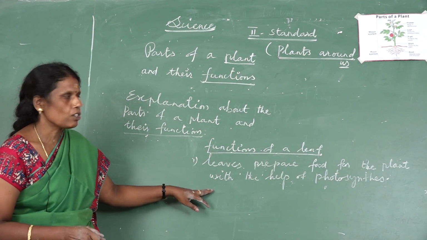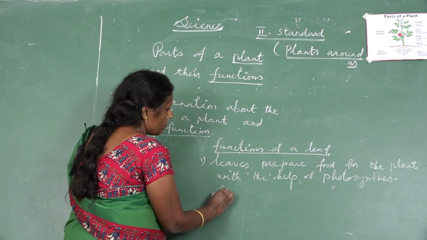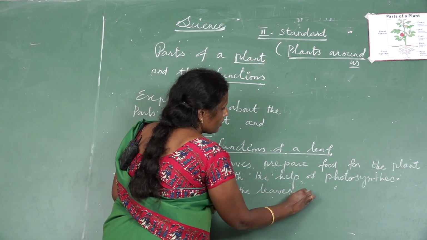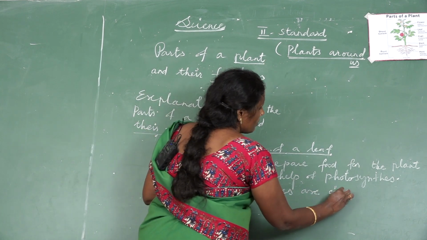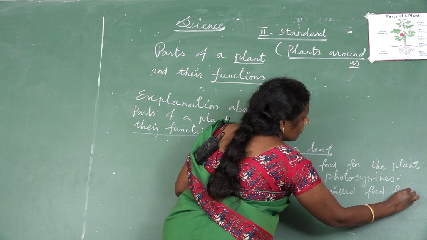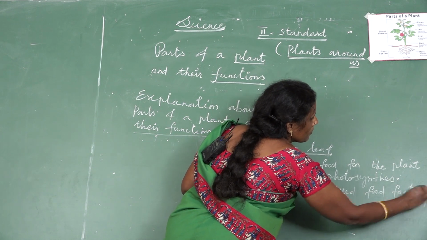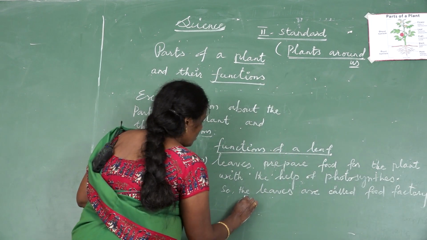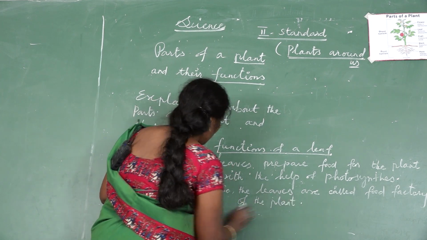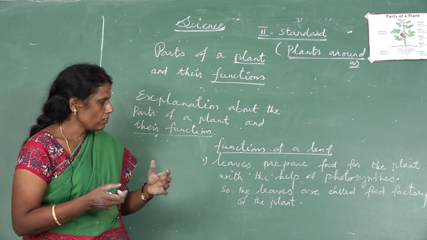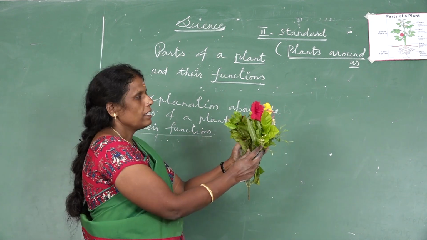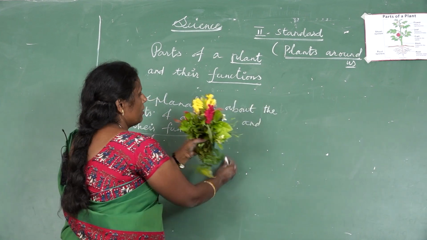So, the leaves are called the food factory of the plant. Some leaves store extra food in them. For example, cabbage. The next part is the flowers.